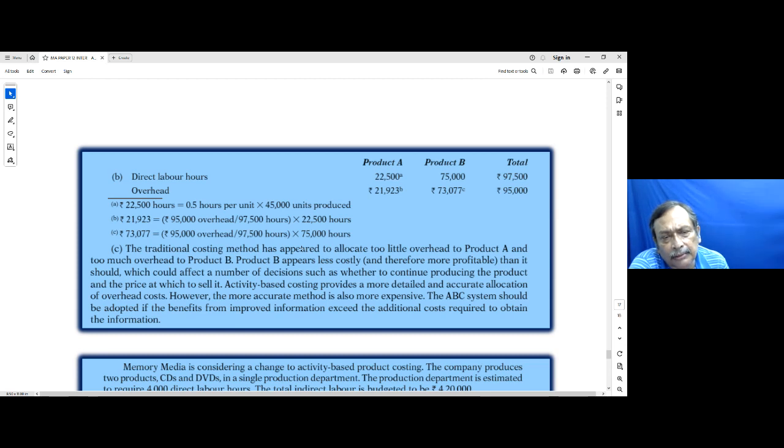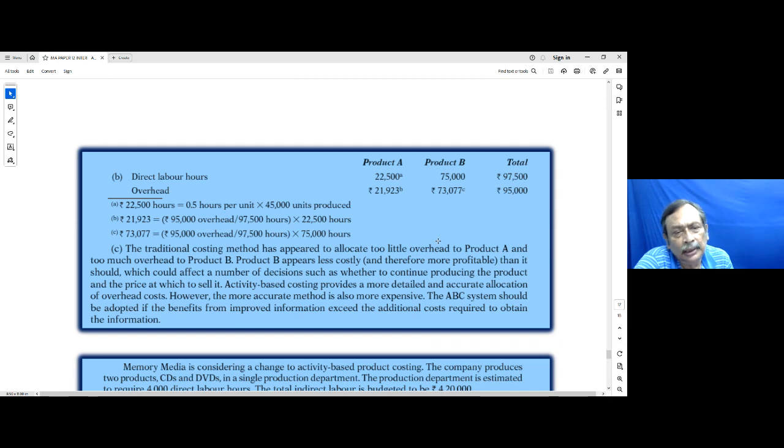Then 95,000 overhead divided by 97,500 hours, into 75,000 hours, comes to 73,077. So the total overhead of 95,000 is taken care of.